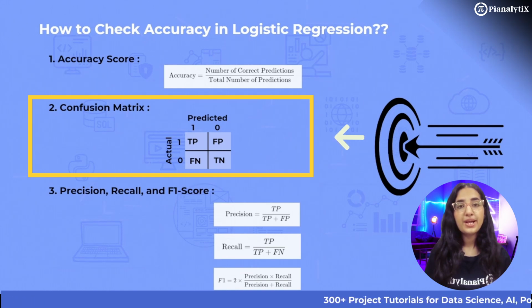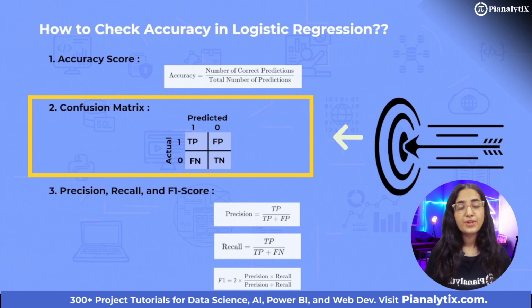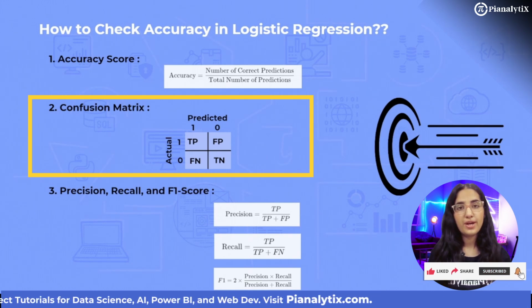Second, true negative: the model correctly predicts 0, the negative class. Third, false positive: the model incorrectly predicts 1 when the actual value is 0, also known as type 1 error. Next is false negative: the model incorrectly predicts 0 when the actual value is 1, also called type 2 error.